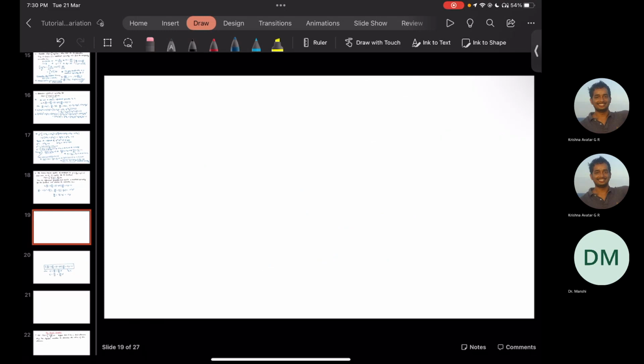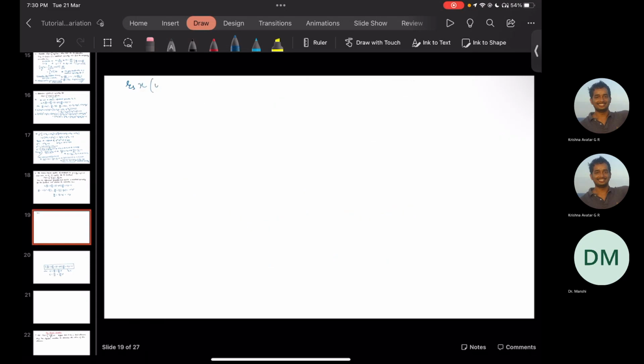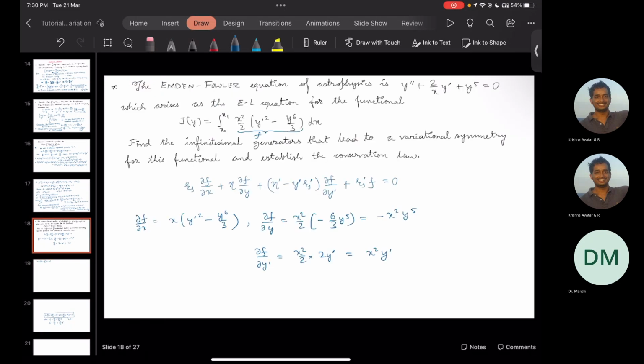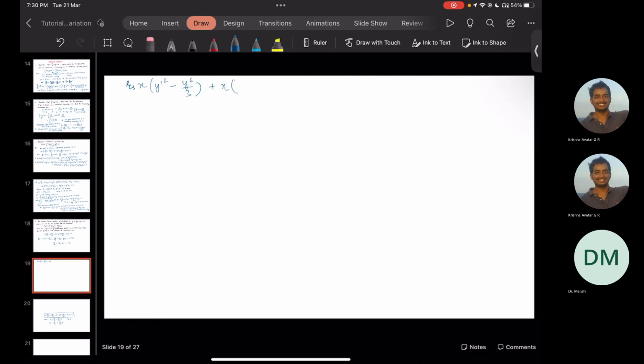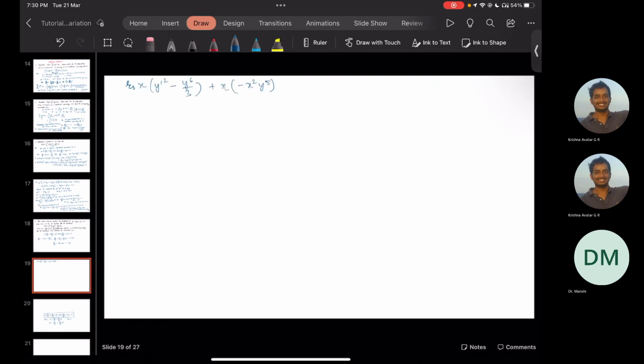First of all, xi partial f by partial x is x into y prime squared minus 1 by 6 by 3, and plus eta minus x squared y to the power 4, y to the power 5, and x plus eta y.